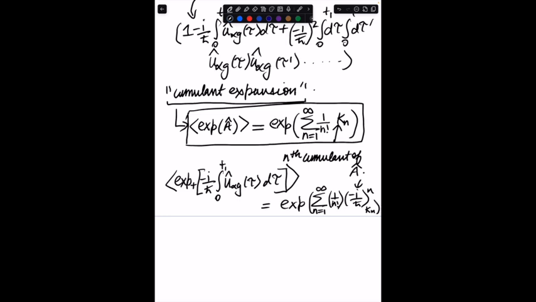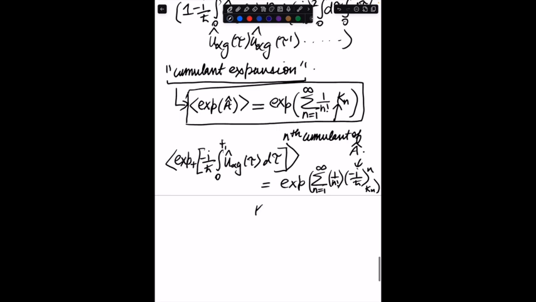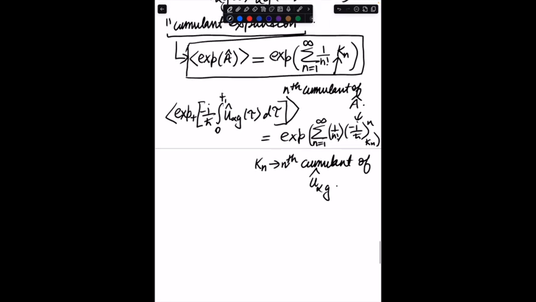And so k_n is in this case the nth cumulant of U hat alpha g. So that's something which has to be considered carefully. And this is just a constant which I'm pulling out. You don't need to do that, but the result will still be equivalent.